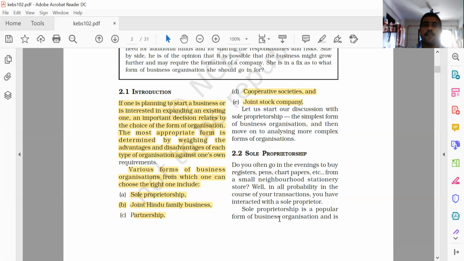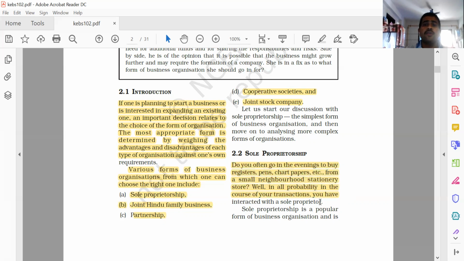Now, do you often go in the evenings to buy a register? Yes. Pens? Yes. Chart paper, etc. from a small neighborhood stationery store? Yes. Well, in all probability, in the course of your transaction, you have interacted with a sole proprietor.